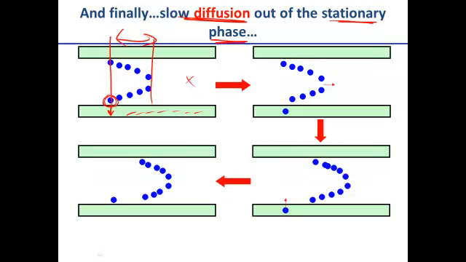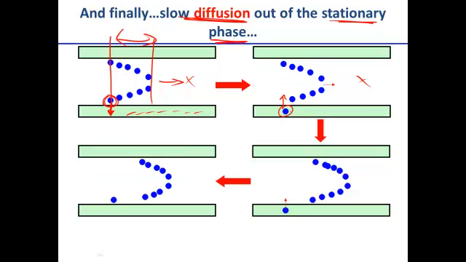If the molecule is free to diffuse into the stationary phase, then while it's in the stationary phase, the rest of the band moves on. So what's shown in this picture is the band moving ahead while this molecule diffuses back out of the stationary phase. The fact is that diffusion in the mobile phase is much faster than diffusion in the stationary phase.